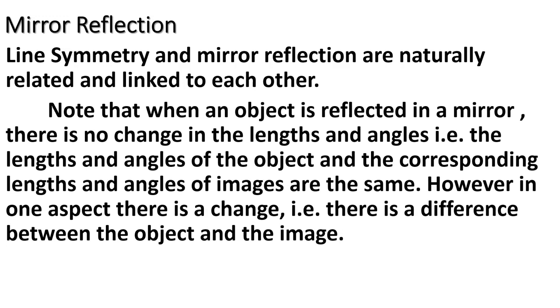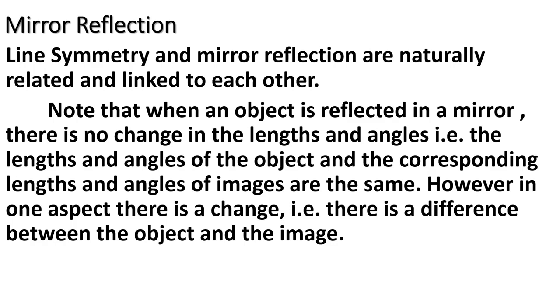Note that when an object is reflected in a mirror, there is no change in the length and angle. When you see any object in the mirror, there is no change in the length as well as in the angle. It means the length and angle of the object and the corresponding length and angle of the image are same.